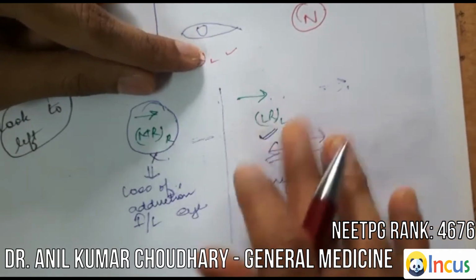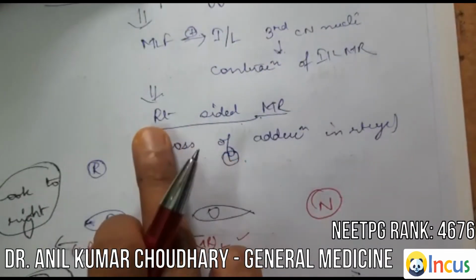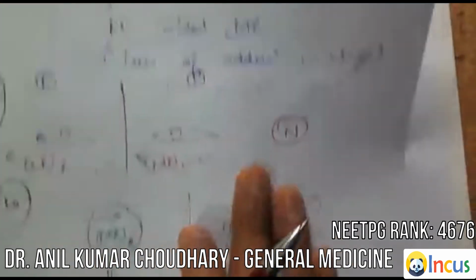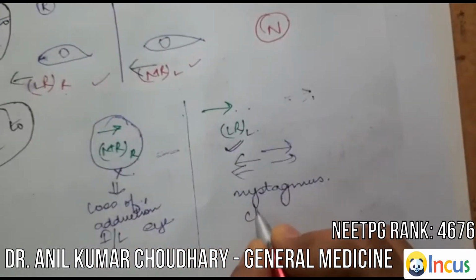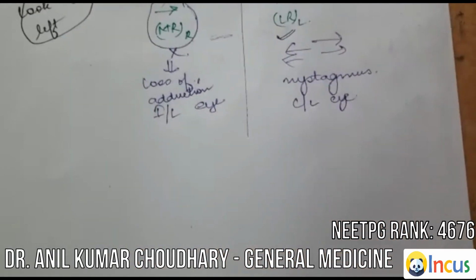And which eye is having this nystagmus? Which eye? Come on, this is your left side eye, and the pathology was in the right side of the medial longitudinal fasciculus. So we can say that there is nystagmus in the contralateral eye. So this is exactly what INO is.